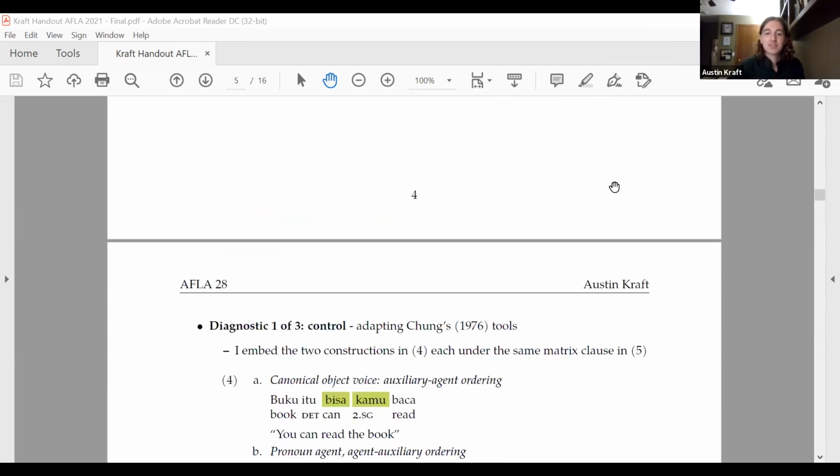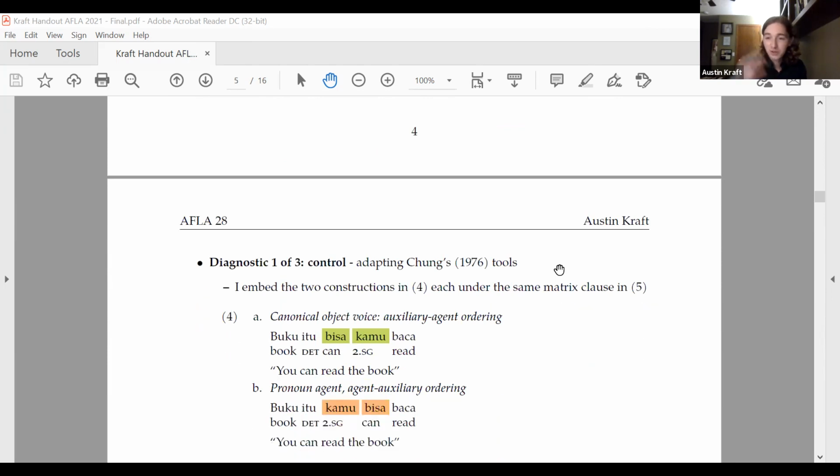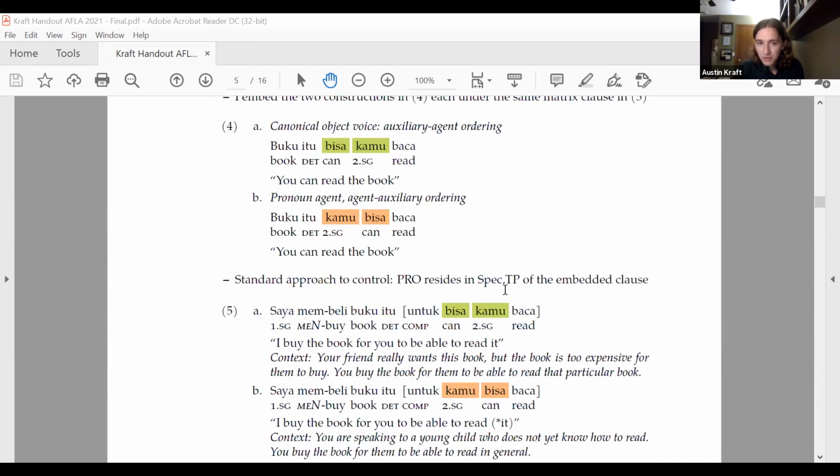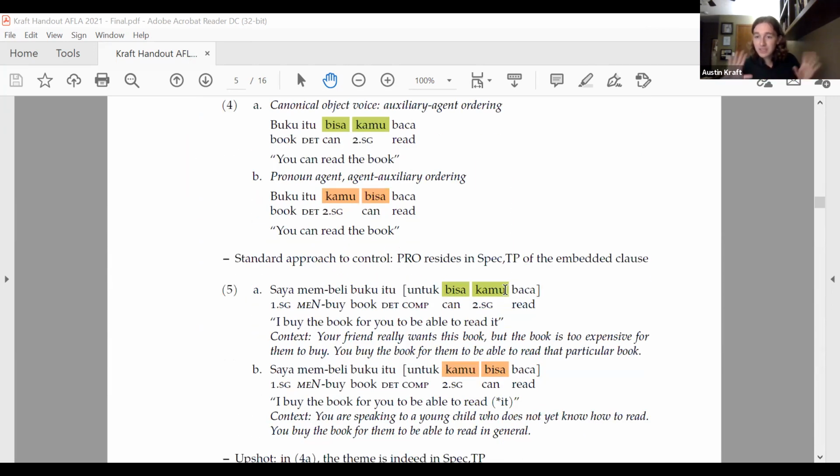The first diagnostic will be an adaptation of Chung's tools, namely with control. We're going to look at two sentences here in 4, minimally different just based on relative ordering of the agent and the auxiliary. Throughout this talk, green indicates canonical object voice word ordering, and this orangish peach is the inversion of that agent-auxiliary ordering. We embed these under the same matrix clause, and we get strict and distinct interpretations.